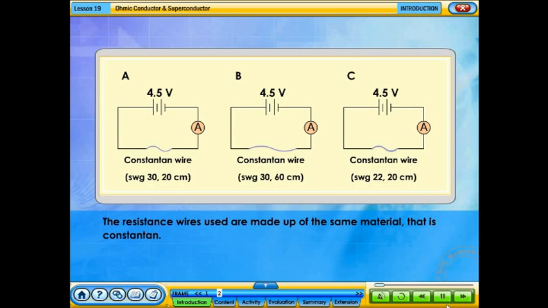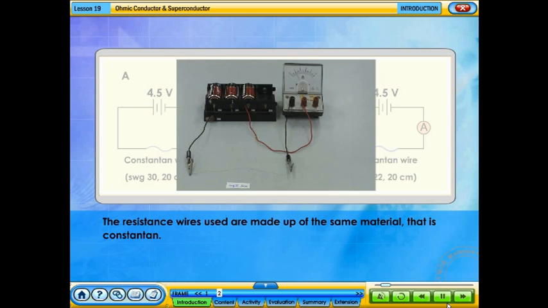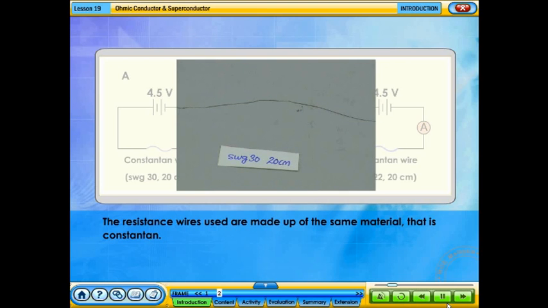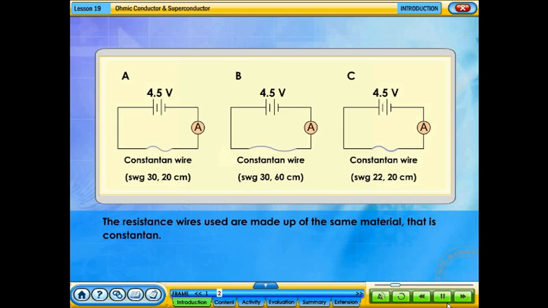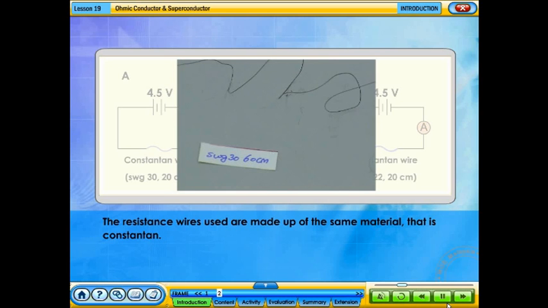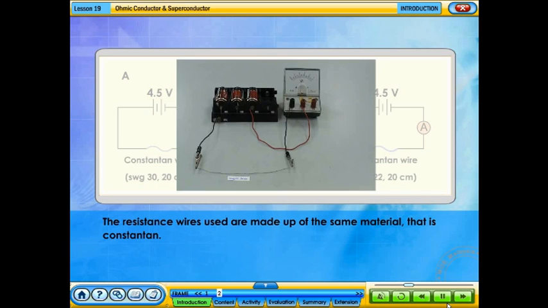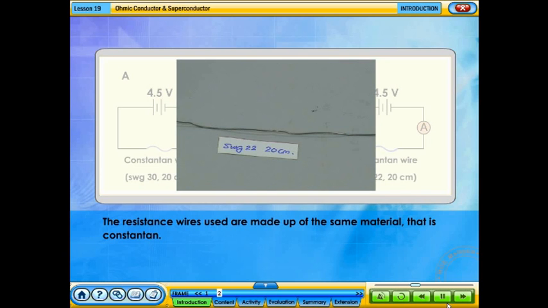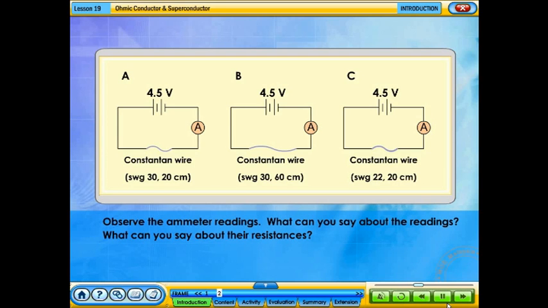Three circuits, each consisting of 3 batteries, an ammeter, and a resistor has been set up. Observe the ammeter readings.